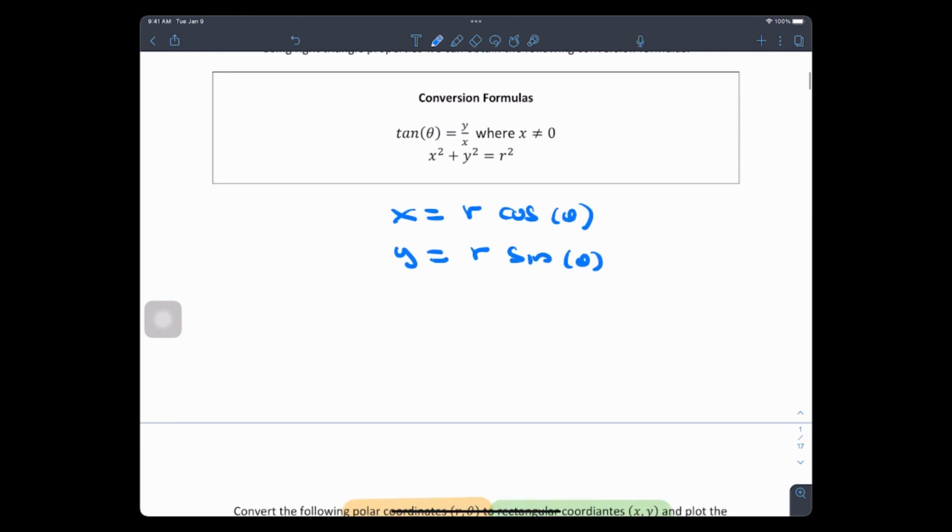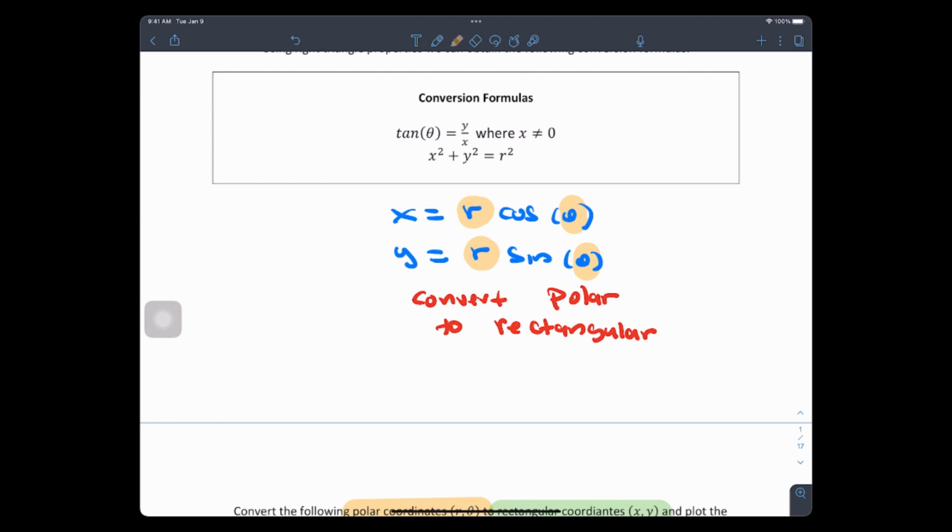Now, when would you use this? To convert polar to rectangular. Now you might say why? Because what they're going to give you now is R and what? Theta.